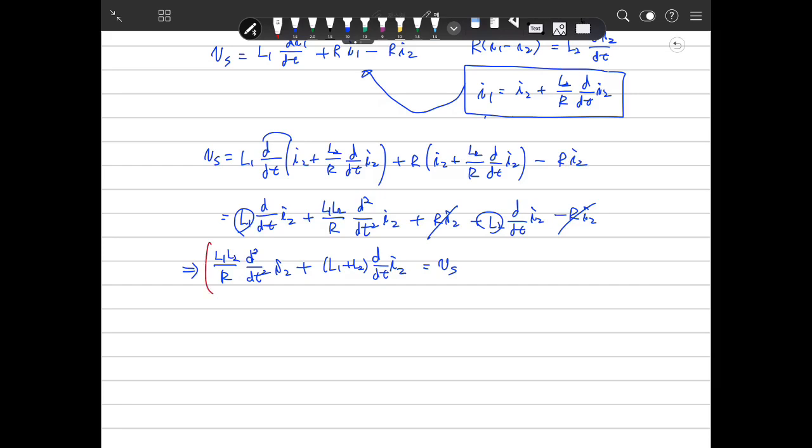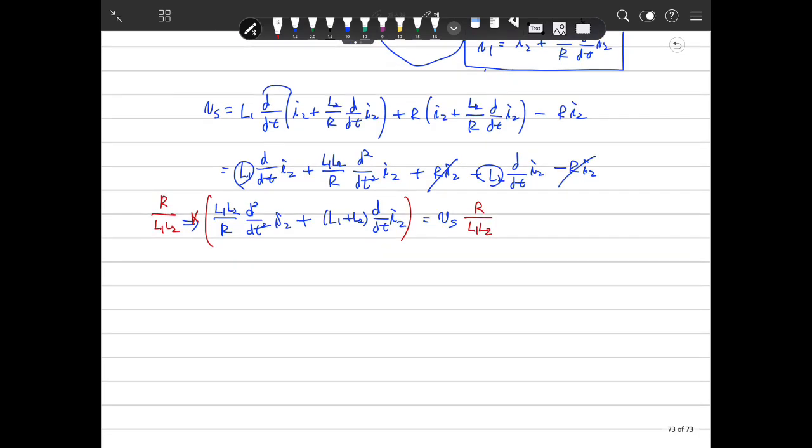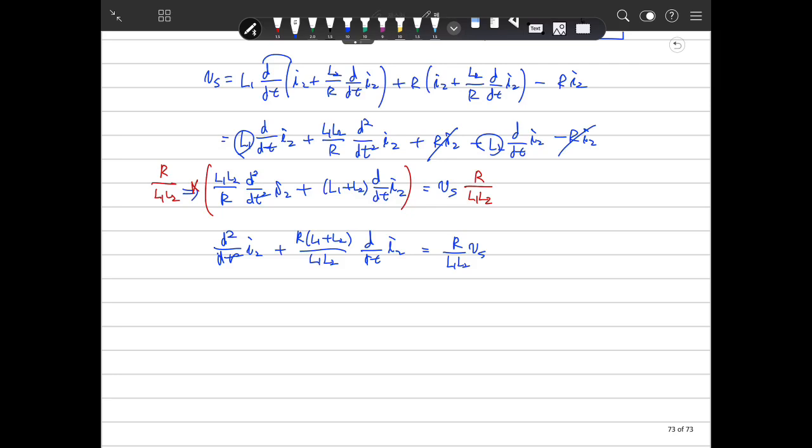So we simplify by multiplying by R over L1 L2. Then d squared I2/dt squared plus (L1 plus L2) over (L1 L2) times R dI2/dt will be R over L1 L2 times Vs. So this is a general formula here.